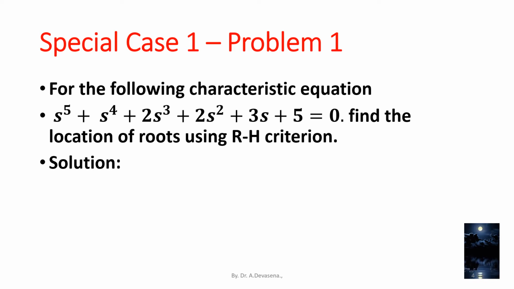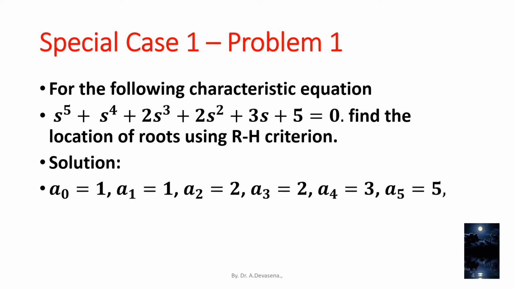Solution. Here we have to identify the coefficients of the given characteristic equation. The coefficient of s power 5 is a0, and a0 is equal to 1. The coefficient of s power 4 is a1, and a1 is equal to 1.